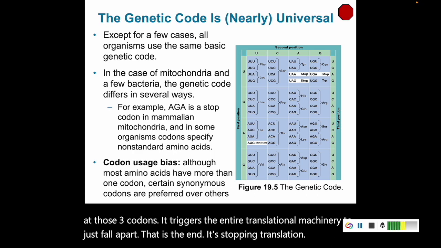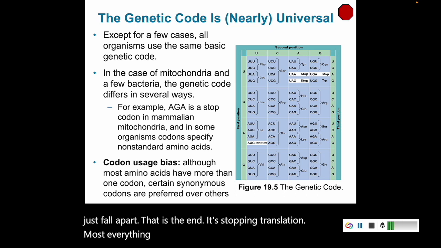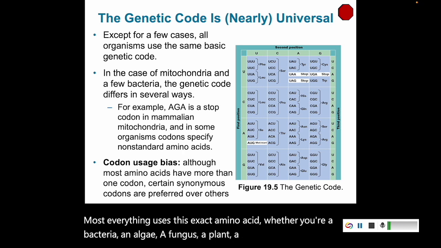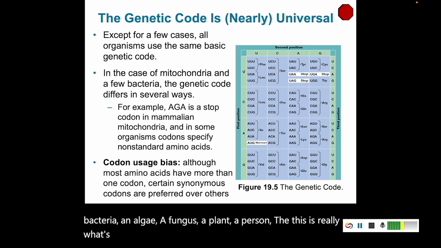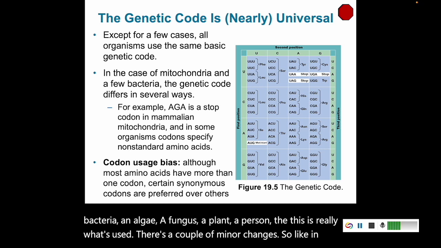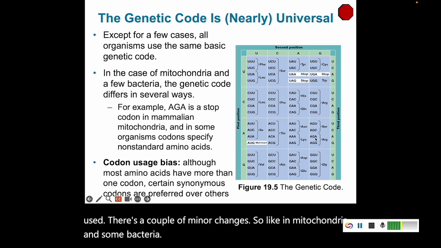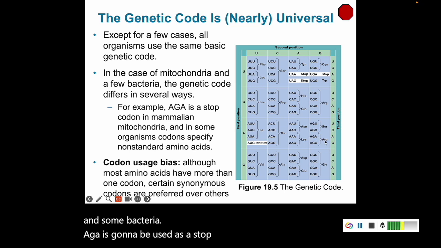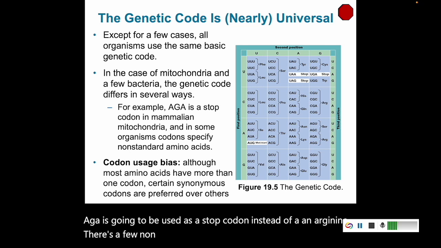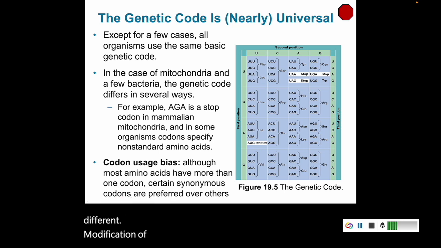Most everything uses this exact code, whether you're a bacteria, an algae, a fungus, a plant, or a person. There are a couple of minor changes. Like in mitochondria and some bacteria, AGA is used as a stop codon instead of arginine. There are also a few non-standard amino acids, where some amino acids are modified a little bit.